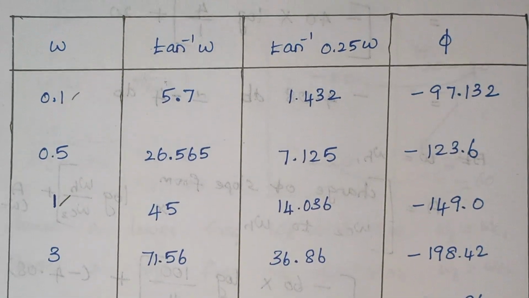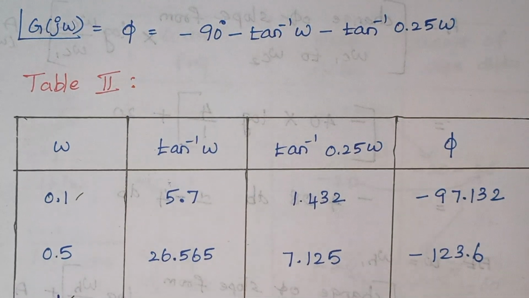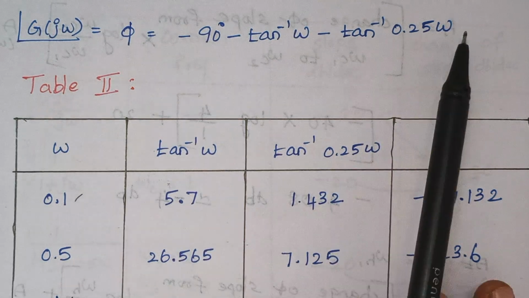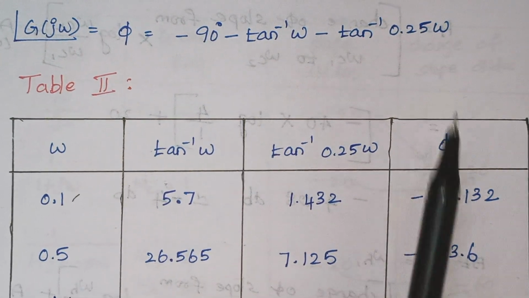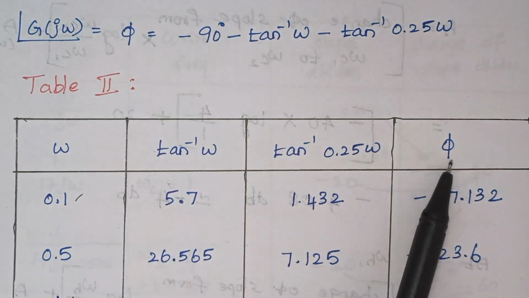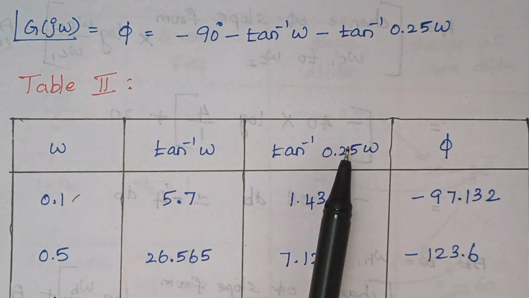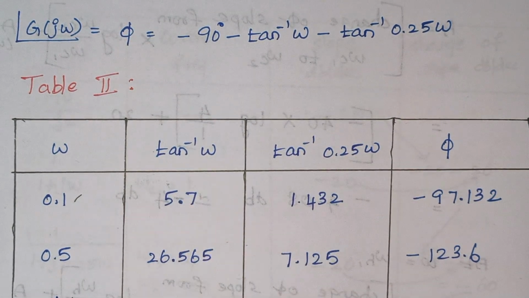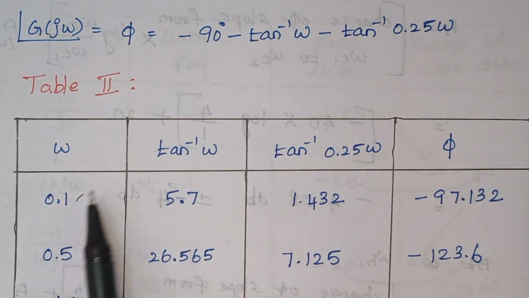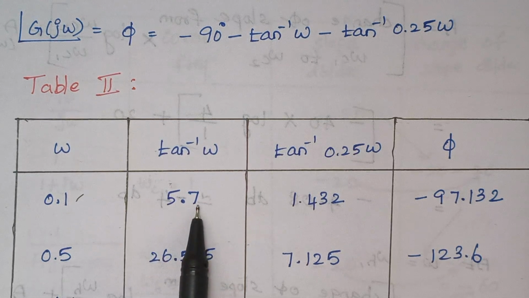And the next thing is here the terms are tan inverse of omega, so make a column for that. And tan inverse of 0.25 omega, again make a column. And finally we have to calculate this phase angle phi, so write it over here. Just using a calculator, substitute the values and write down. You see tan inverse of omega. Here the omega is 0.1, that gives you this answer.